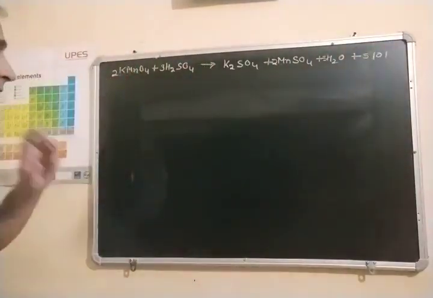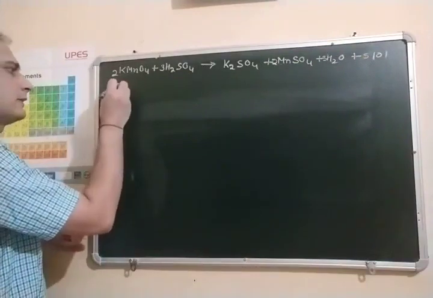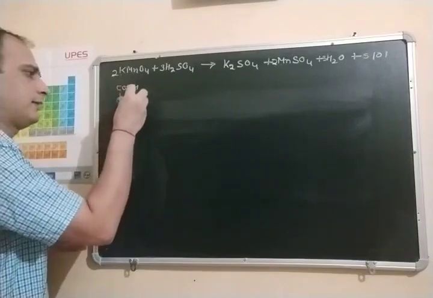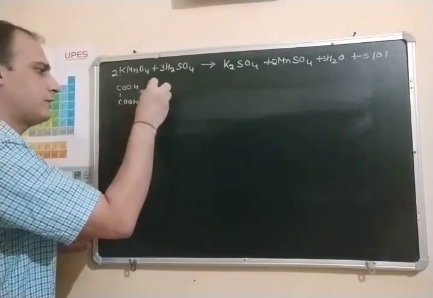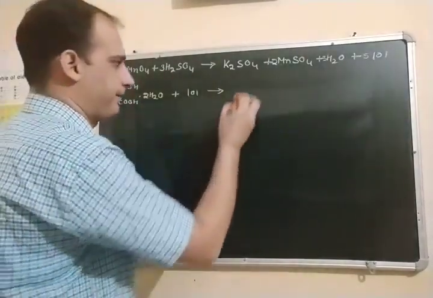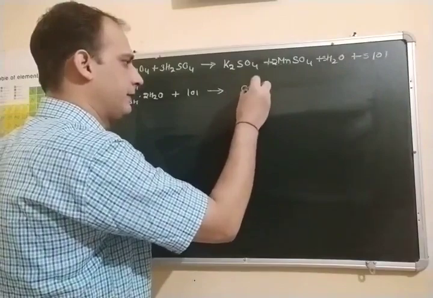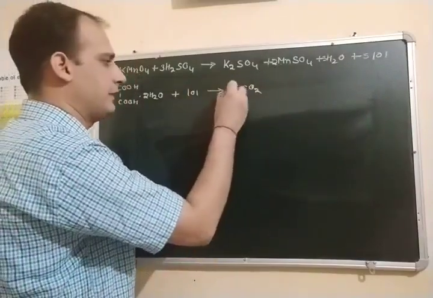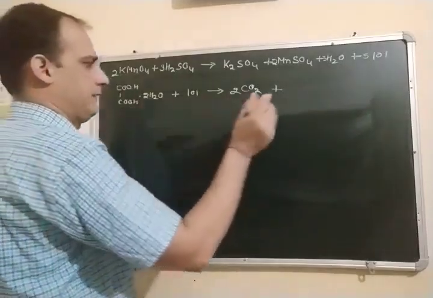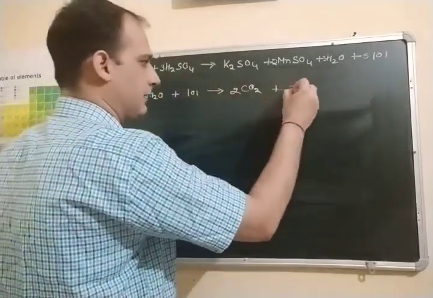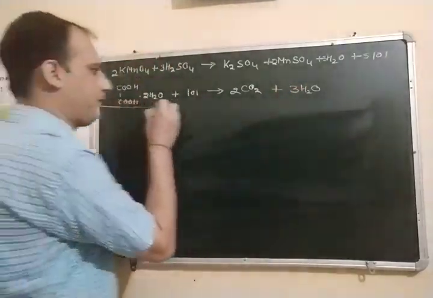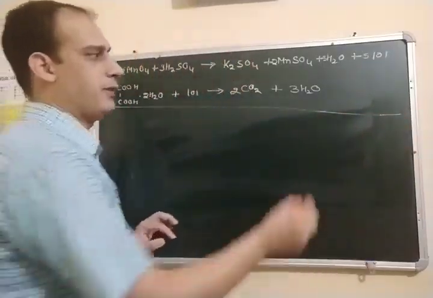Now as far as oxalic acid is concerned, oxalic acid is what? (COOH)2·2H2O, and when it reacts with nascent oxygen, it will form carbon dioxide. How many carbon dioxide molecules? 2 CO2 along with the formation of 2 water molecules that were already there, and 2 hydrogen, 1 oxygen. So there will be formation of 3 water molecules, and 5 such reactions can be carried out.